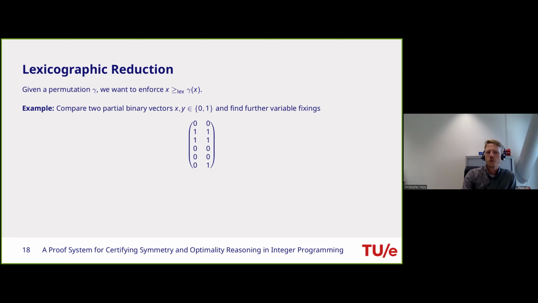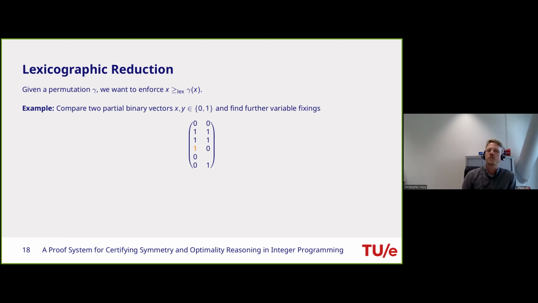propagation. Then we would find that this entry here must be 0 because of the lexicographic comparison. And in the last row, we now see that we have created a vector such that the left column is lexicographically strictly smaller than the right column. So we violate the lexicographic order constraint. And for this reason, our assumptions must be wrong, and we can fix this entry here to 1.